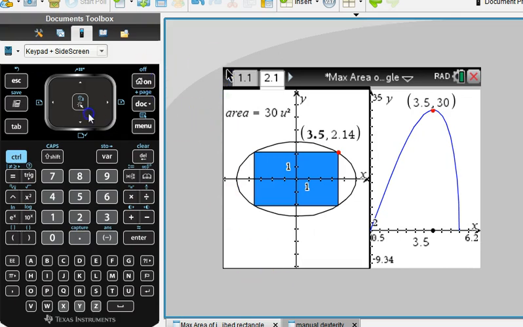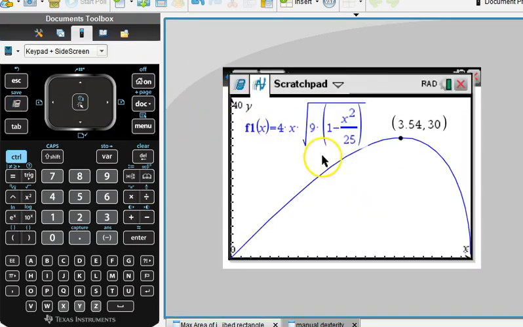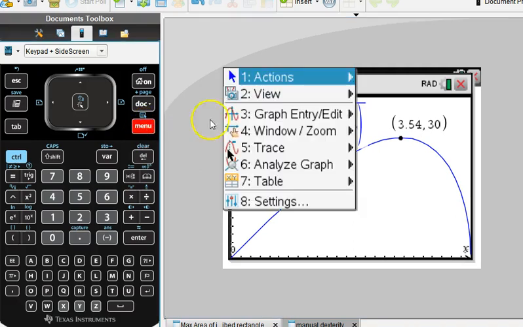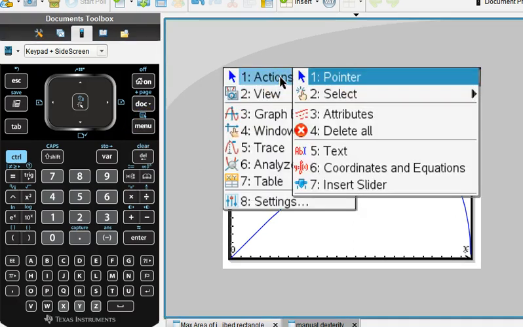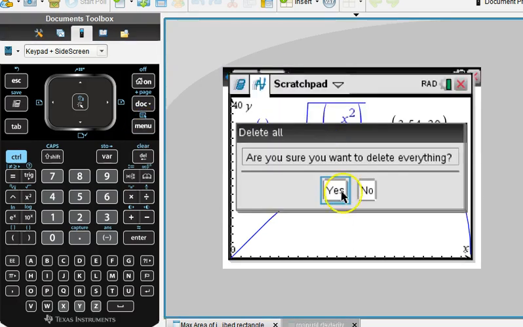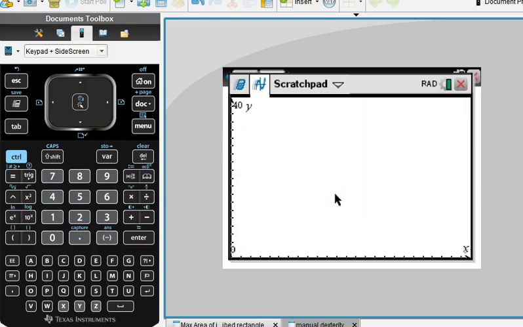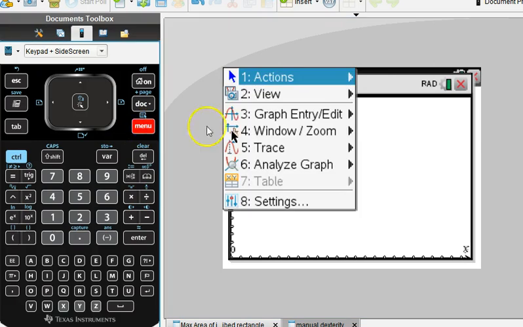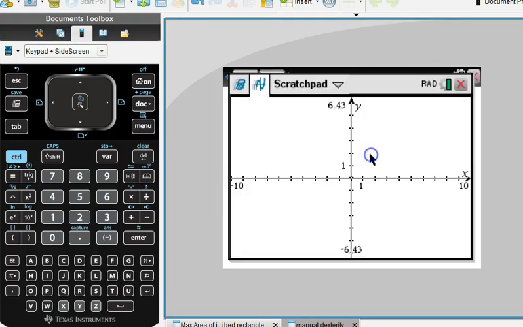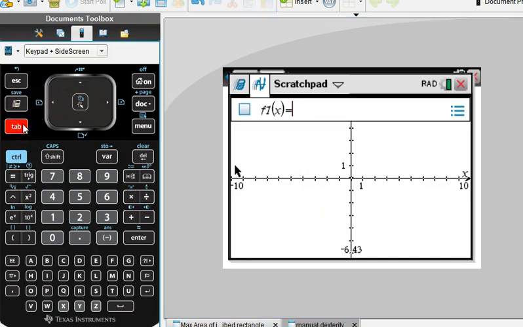So let's go back to the scratch pad, and if you go to Menu, Actions, Delete All, you can delete everything that was there before. I'm going to go to Menu, Window Zoom, Zoom Standard to get back to our regular window here, and put in the new equation.